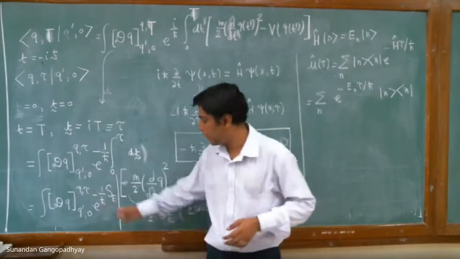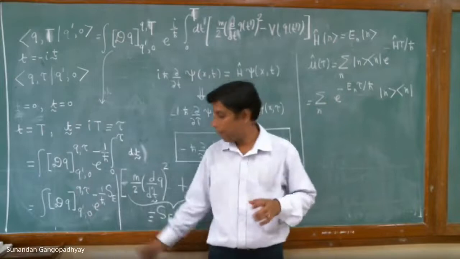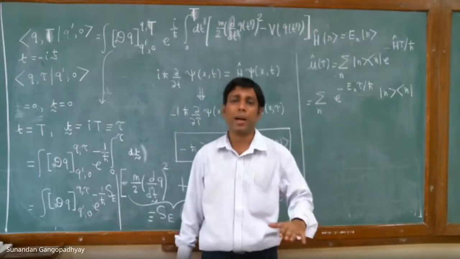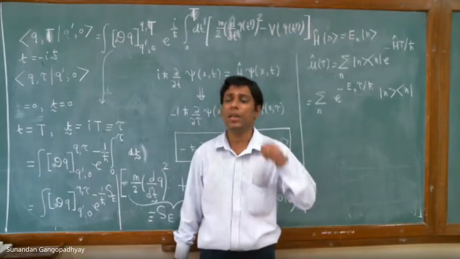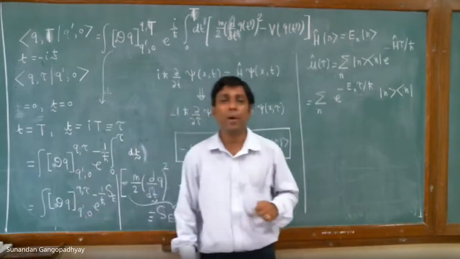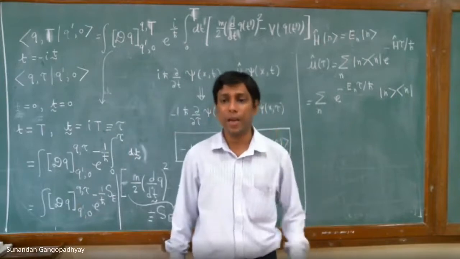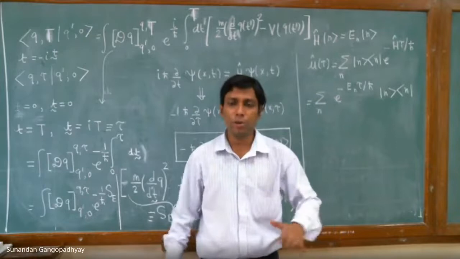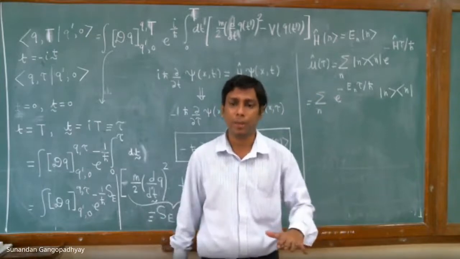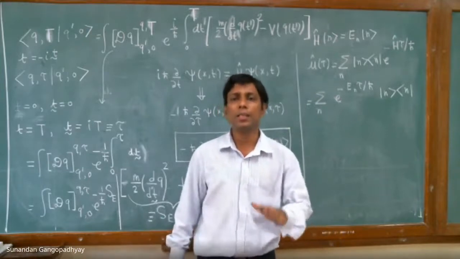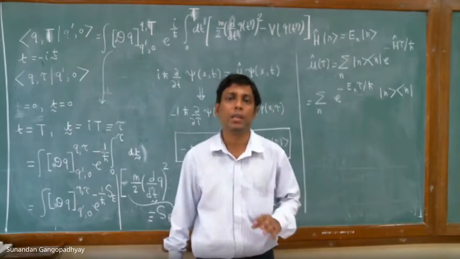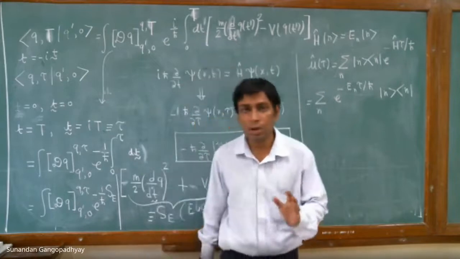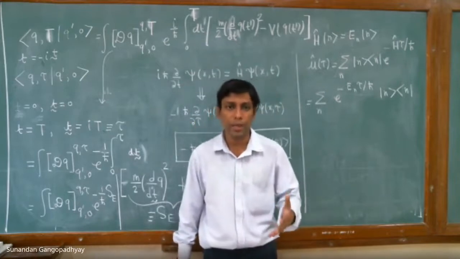All the paths are weighted by this factor, which is an exponentially suppressing factor instead of a rapidly oscillating factor. Therefore, this Euclidean path integral is very well defined mathematically, because the contributions from all the other quantum paths are exponentially suppressed. So this is a nice mathematical object, and this is one of the advantages of working with the Euclidean formalism.